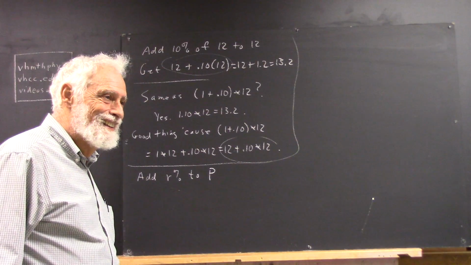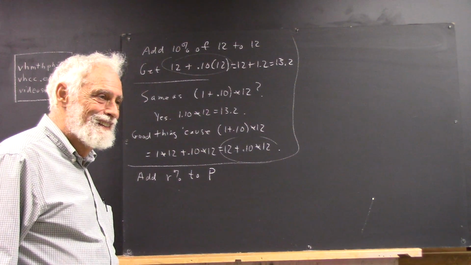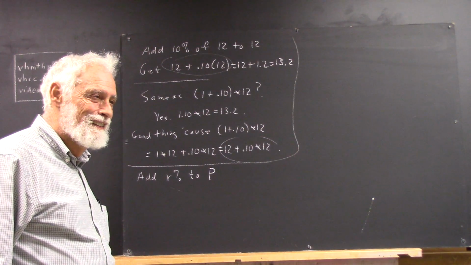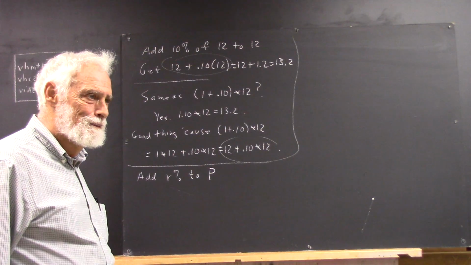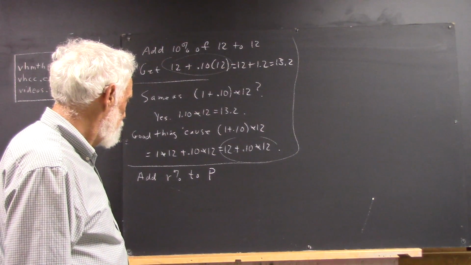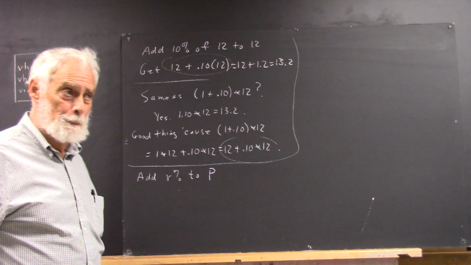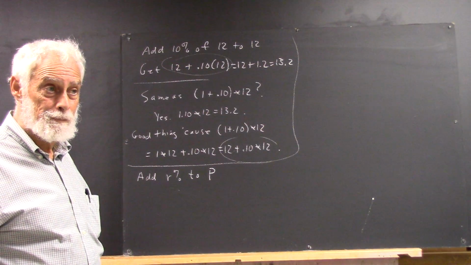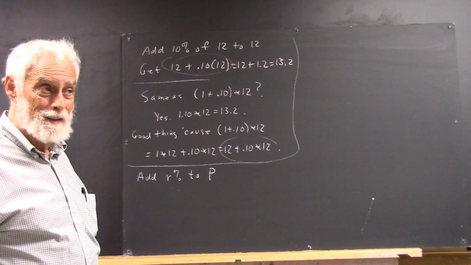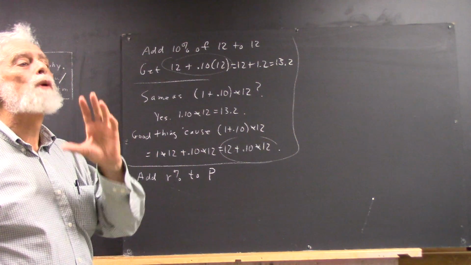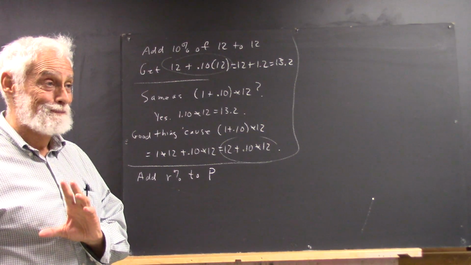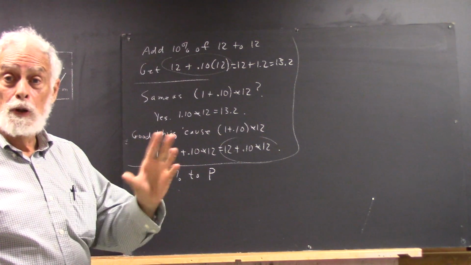Would you do P plus P times R percent? Yeah, well, but what's R percent mean? It's the variable for the percentage. Yeah, but what does percent mean? It means out of 100. Percent means per 100, right?